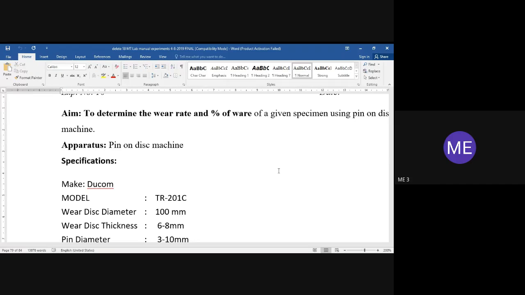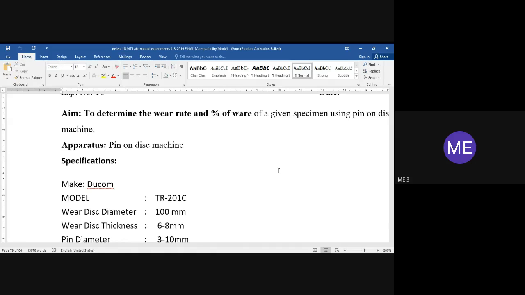Instead of 10 grams, we may get only 9 grams. The total amount of wear is 10 minus 9, that is 1 gram for 2 years. The 2 years we can convert into seconds or minutes. Wear rate is nothing but wear divided by time.